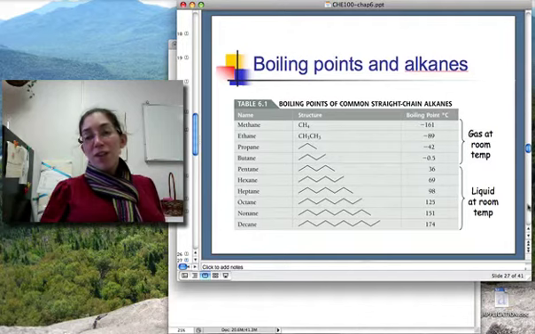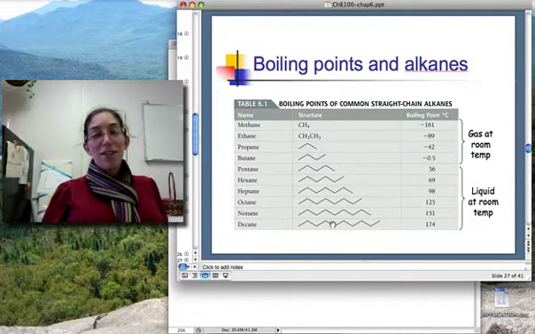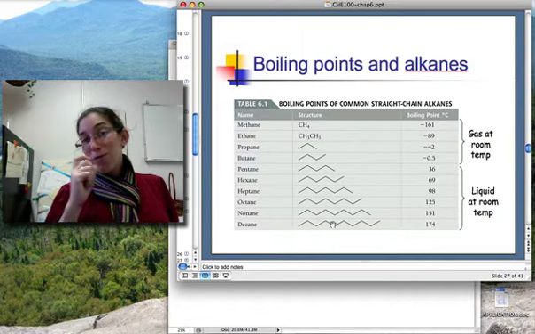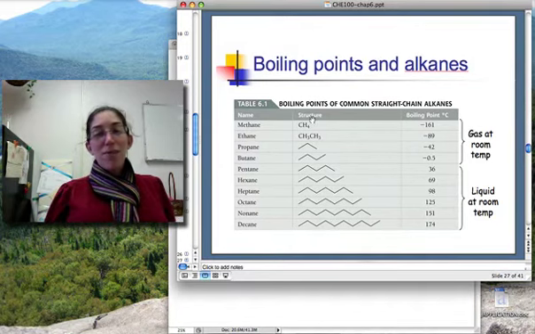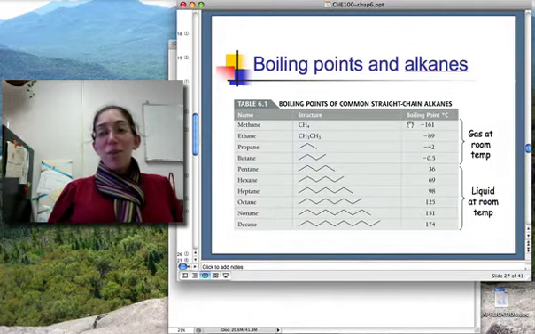So here's a chart of different alkanes, okay, the smallest one, methane, up to decane. This is similar to the chart in Chapter 4 going over the first 10 alkanes, but now we're showing their boiling points. So the smaller ones have very low boiling points.